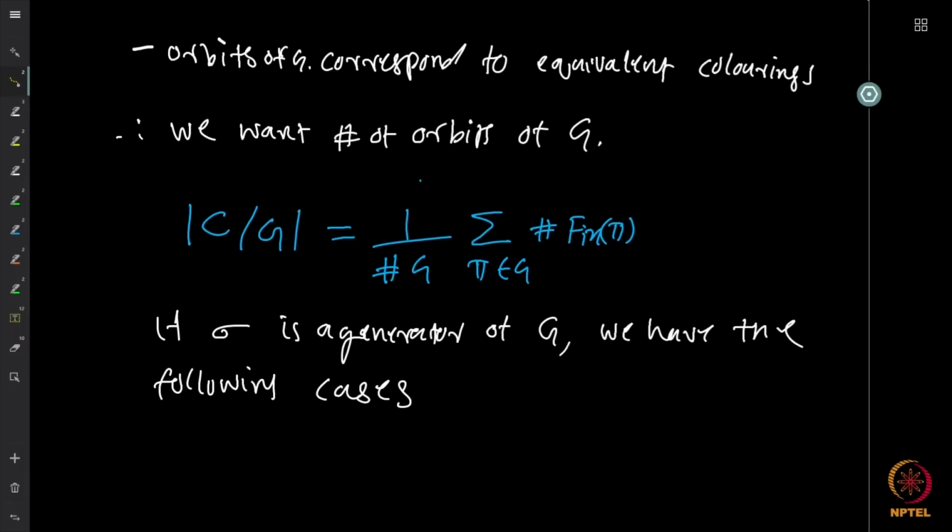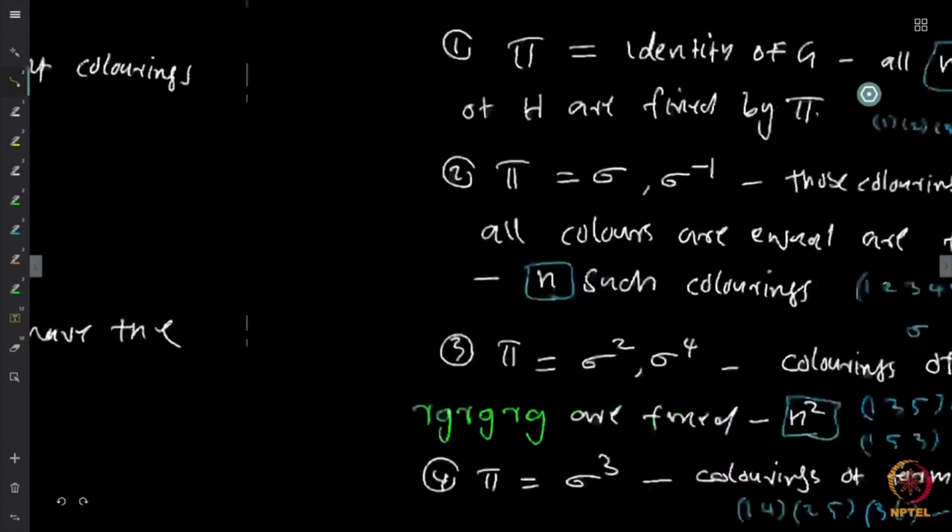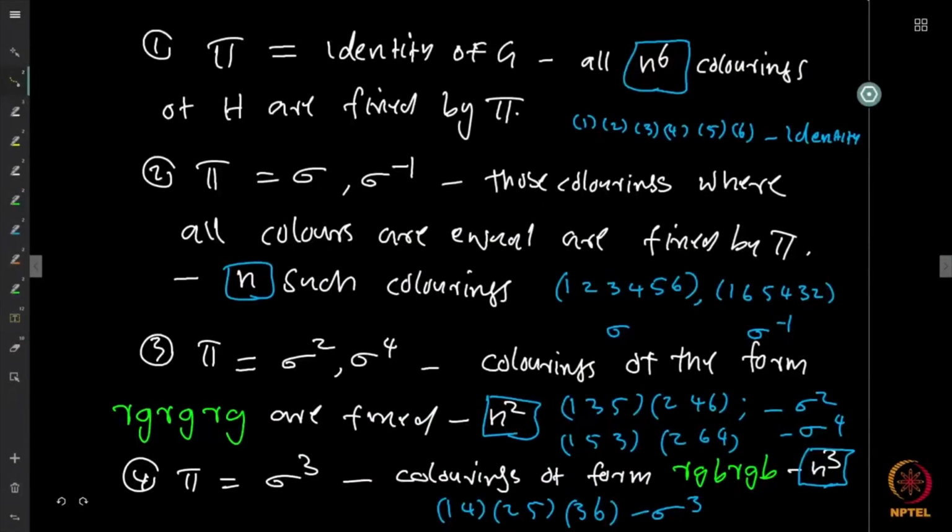Now, if sigma is a generator of the group G, we have the following cases. So we have either the identity, sigma, sigma square, sigma cube, sigma raised to 4, sigma raised to 5, etc. So let us look at each case. Now, if you are looking at the identity of G, then all the colorings are fixed by pi, because it doesn't do anything, so everything is fixed.